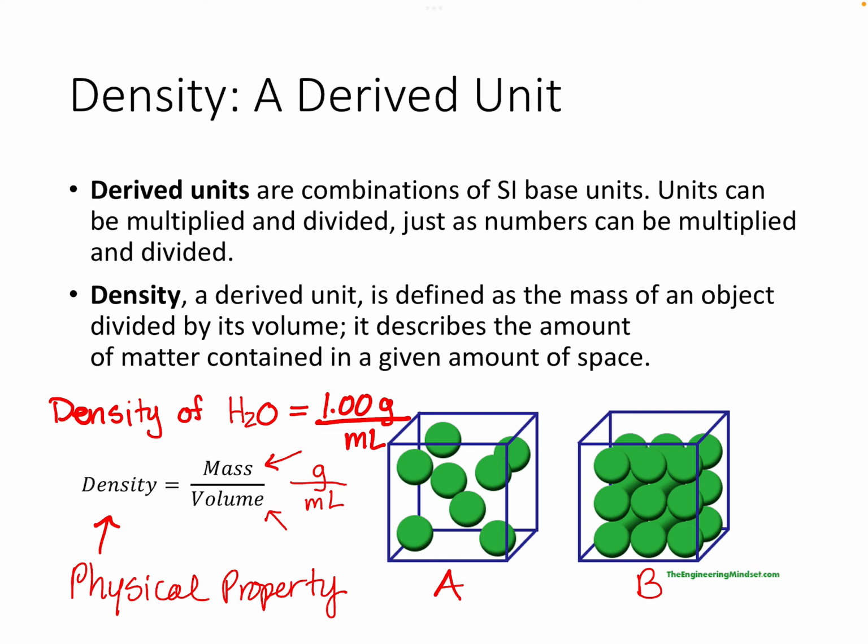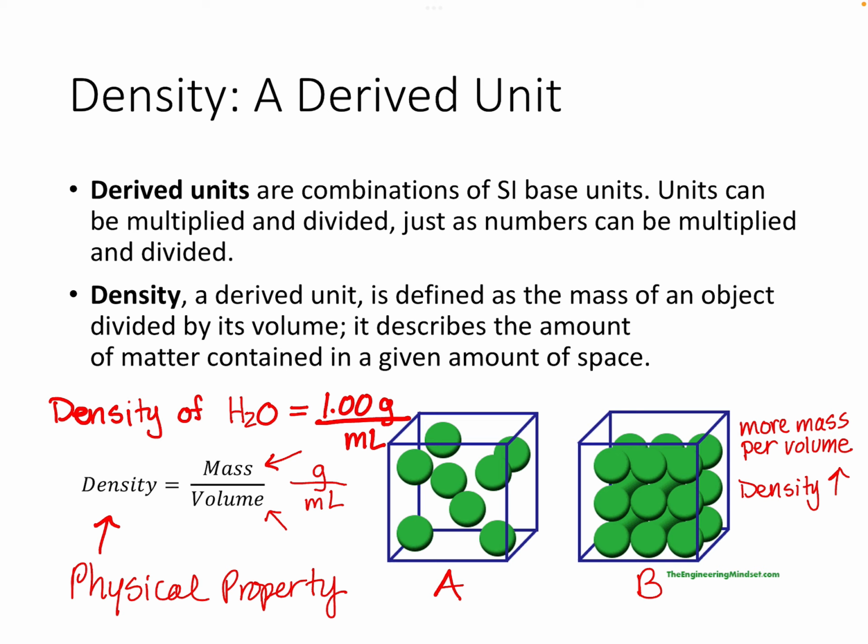B, right? So B has more mass per volume, so its density is greater. A has less mass per volume, so its density will be lower.